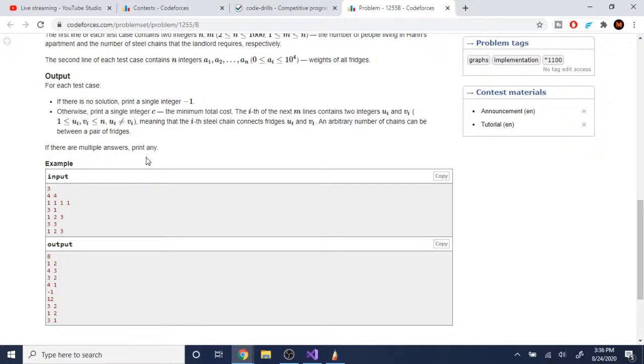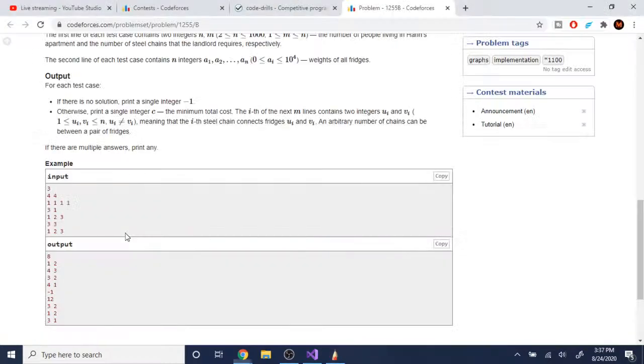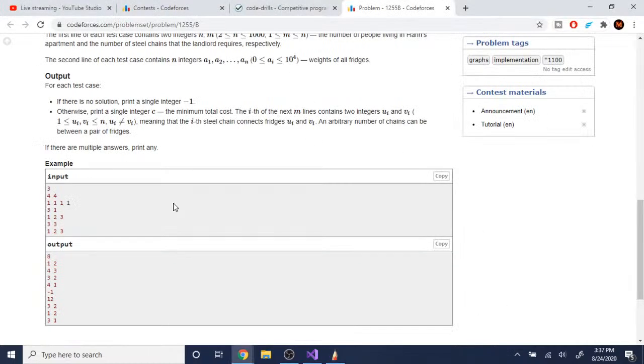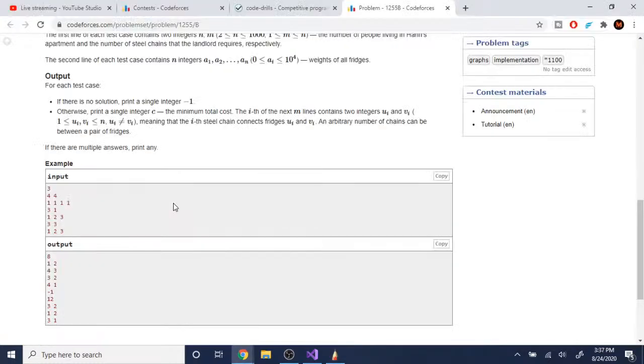Let's try that, actually. Let's look at 4, 4, 1, 1, 1, 1, and then we have 1, 2, 3, 4, and they put 1 to 2, then 4 to 3, then 3 to 2, then 4 to 1. 1 to 2, 2 to 3, 4 to 3, 2 to 1, 4 to 1.